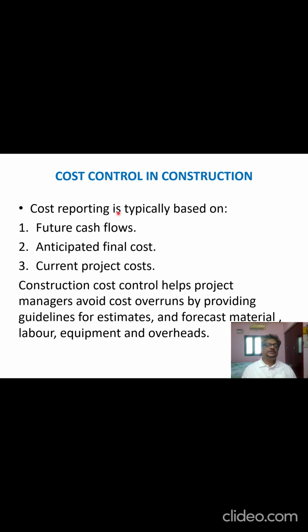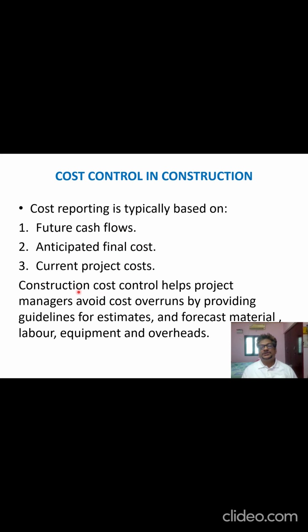The cost control reporting is based on future cash flows. That is how you complete the project, how the cash flows will be, and how you manage to complete the project, and the anticipated final cost. So what is the balance cost for the construction, or anticipated final balance cost, and current project cost? This is the basic type of cost reporting: future cash flows, anticipated final cost, current project cost.